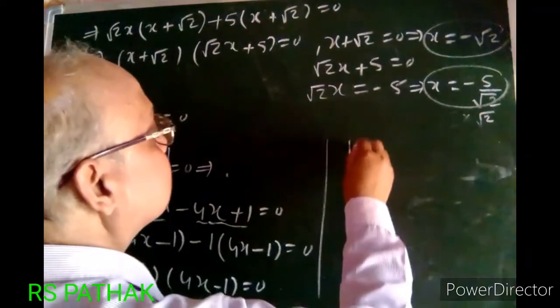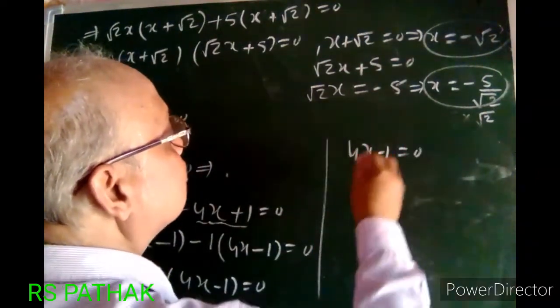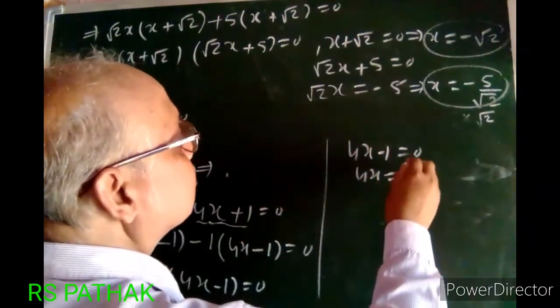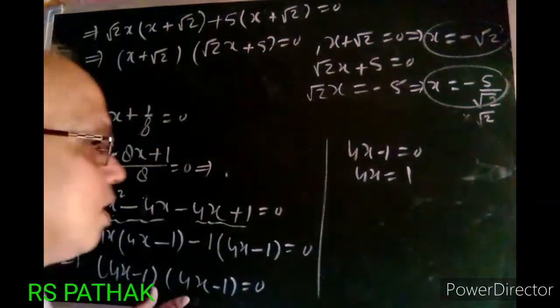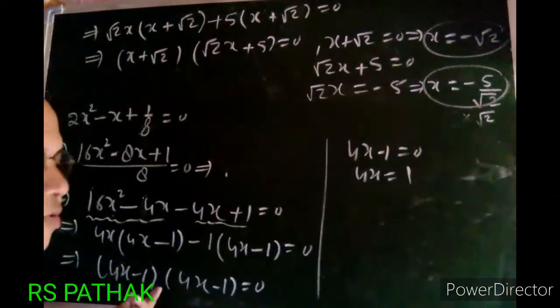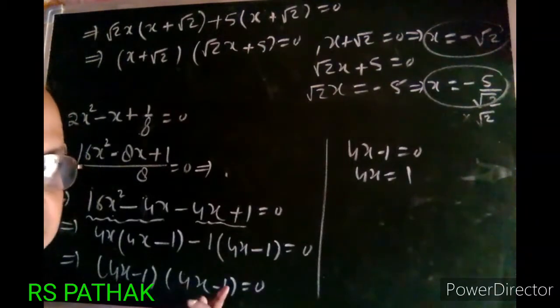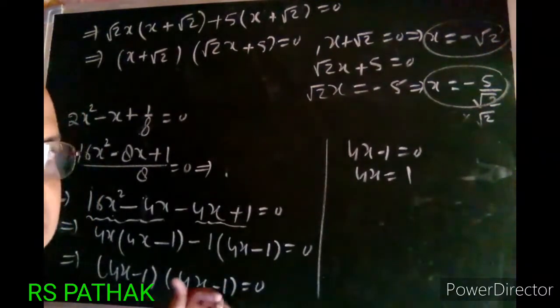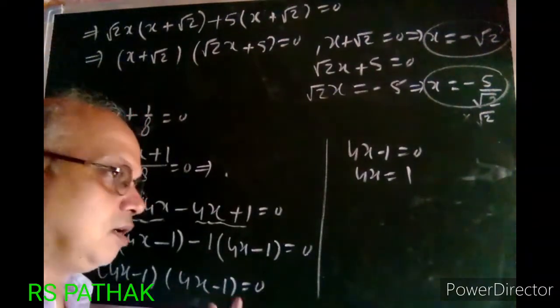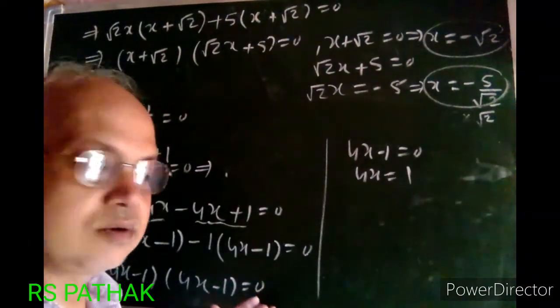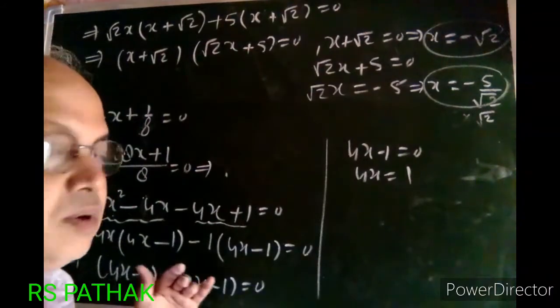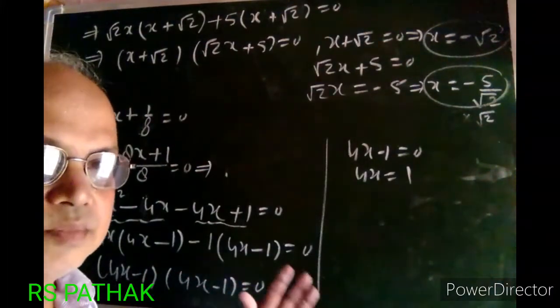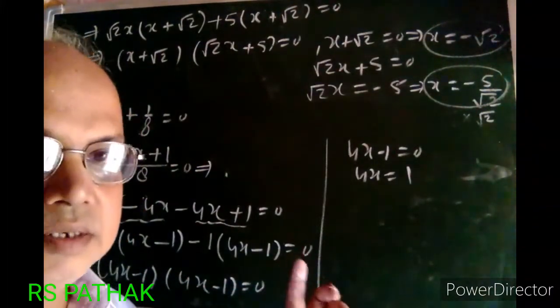Here 4x minus 1 equals 0. 4x equal to 1. Each factor will be equal to 0 because the product of two factors is 0. It is possible only when both of the factors are 0.